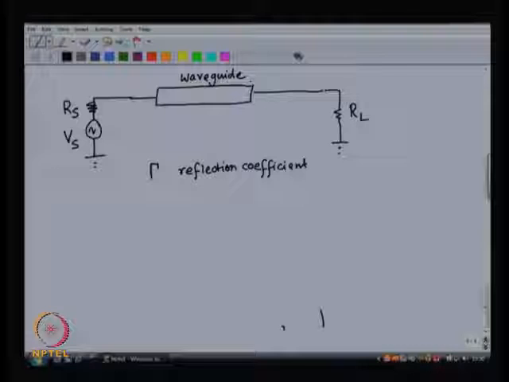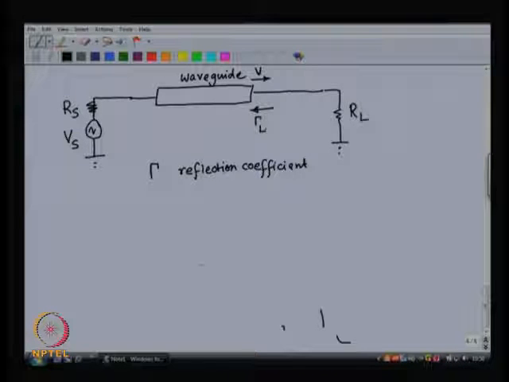So if I have a wave of amplitude V hitting the load, then gamma times V is going to reflect back from the load. Gamma L, gamma subscript L basically means the reflection coefficient at the load.